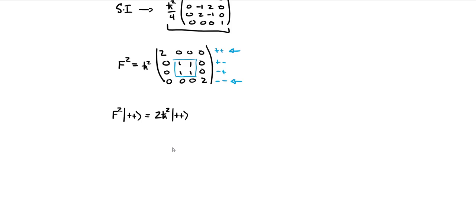Since F is one of our generalized momentum operators, F squared acting on its eigenstates Fm is going to be F times F plus 1 times h bar squared times Fm. That's the eigenvalue equation for a generalized momentum operator squared. So in this case, what this is showing is that F equals 1 in the coupled basis for the plus plus state.